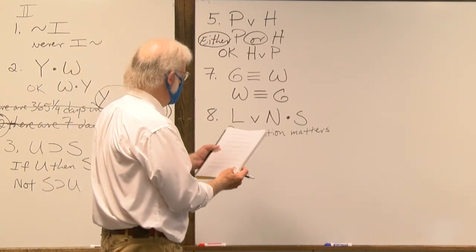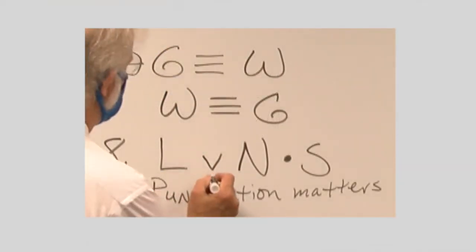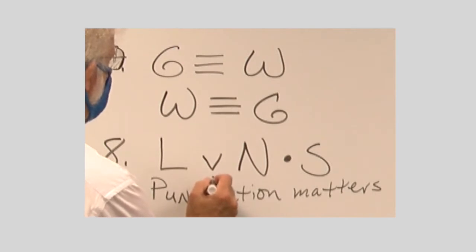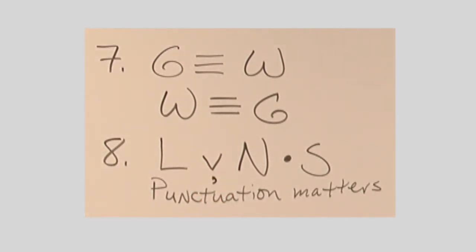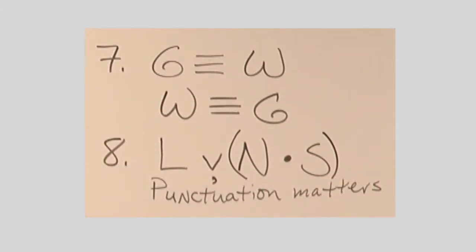Now here, the punctuation is that comma, and it occurs right here. The comma is what breaks the compound expression in half. So the wedge is the main connective. The N and the S go together. And it's the comma alone that tells you. It breaks the ambiguity in the expression and tells you exactly the meaning of the compound expression.